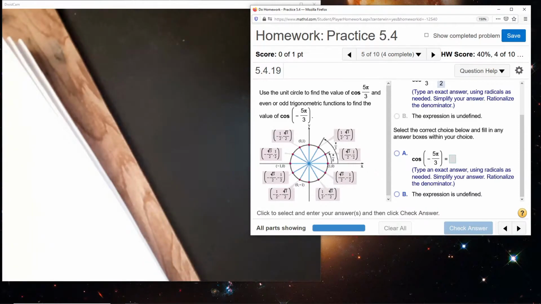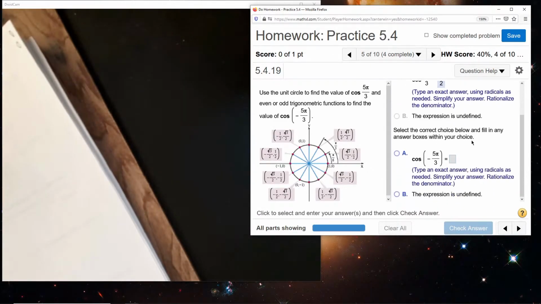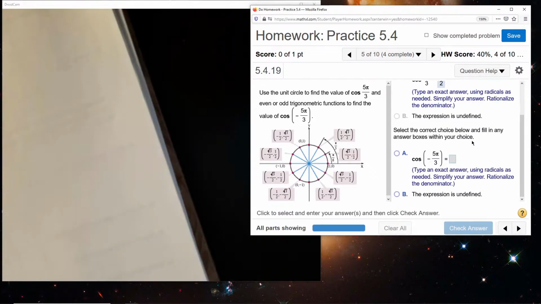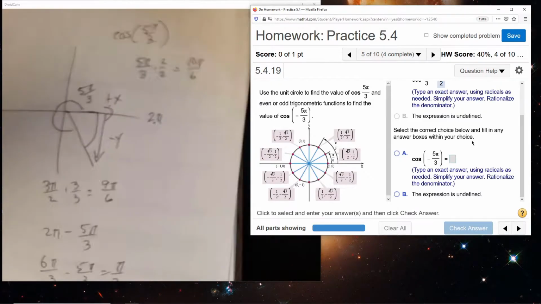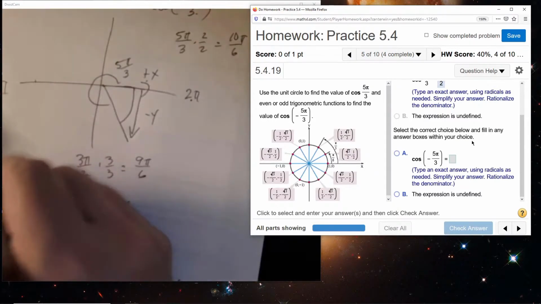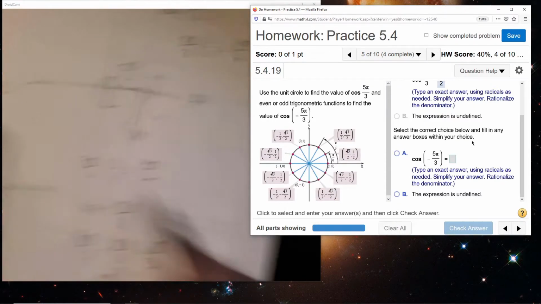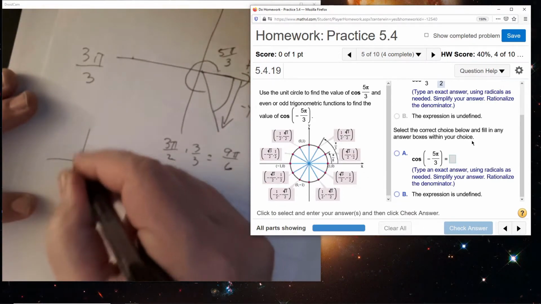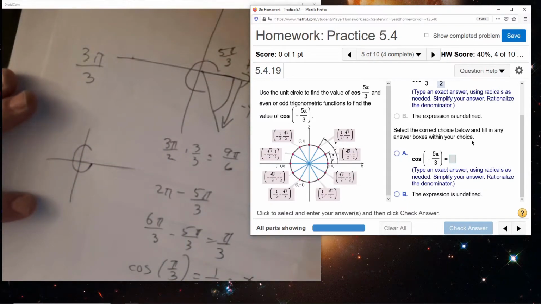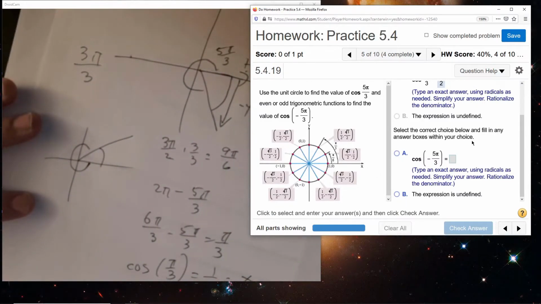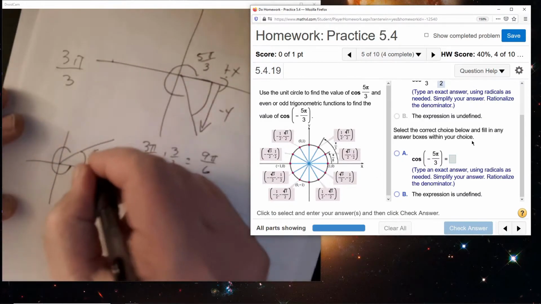Oh, there's another part to this one, it looks like. Minus 5 pi over 3. So just to go back to the previous picture we had, minus 5 pi over 3 means instead of rotating counterclockwise, we're going to rotate clockwise 5 pi over 3, which will then give us this reference angle, which again we know, because we just did this problem, is pi over 3.